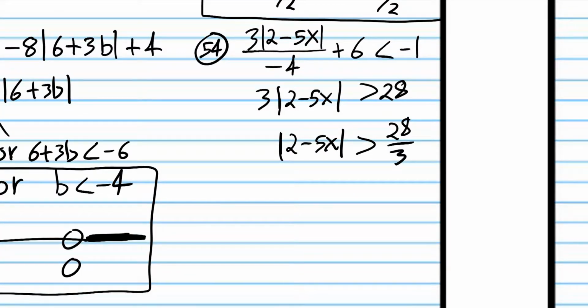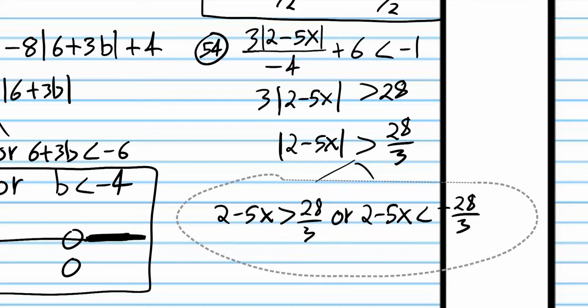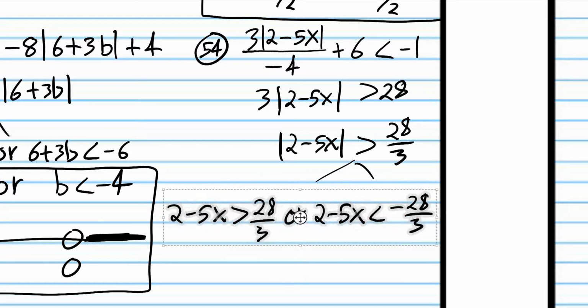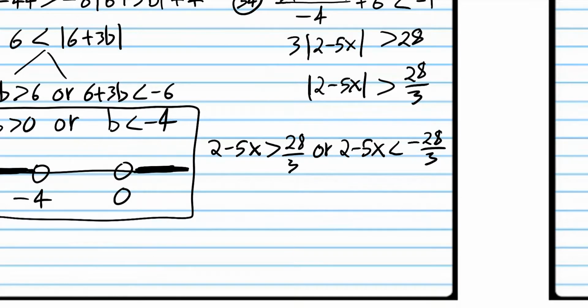And so it's greater than, so we have the same situation. 2 minus 5x is going to be greater than 28 over 3, or 2 minus 5x is going to be less than negative 28 over 3. Again, look at that screenshot and it tells you exactly what to do. So now we just have to solve those inequalities.